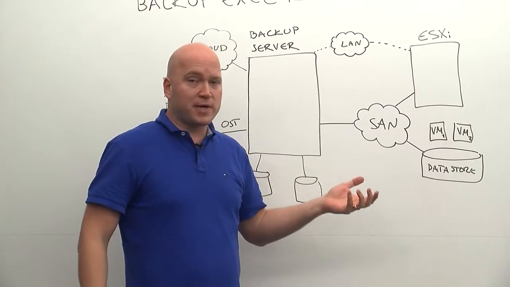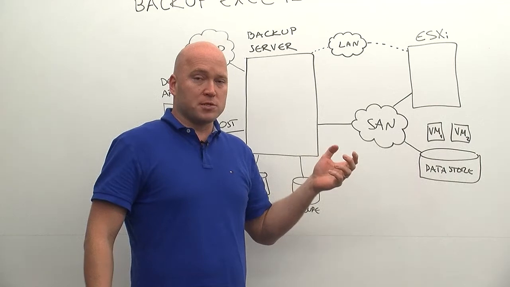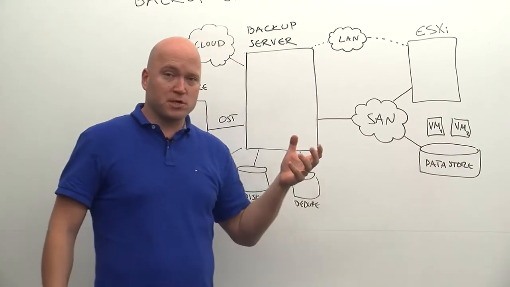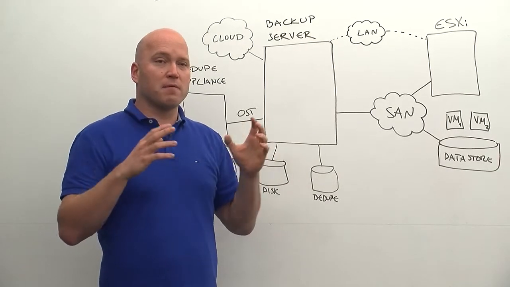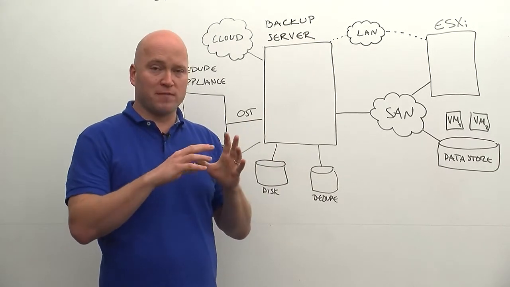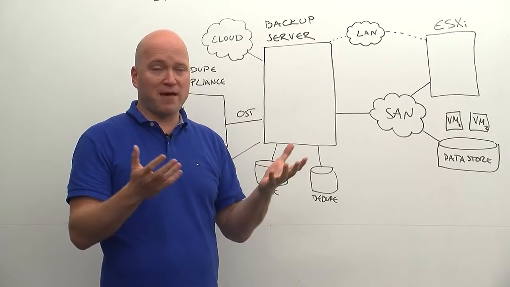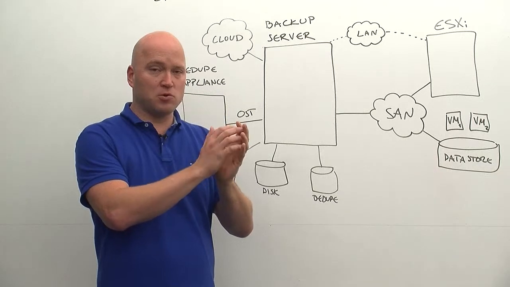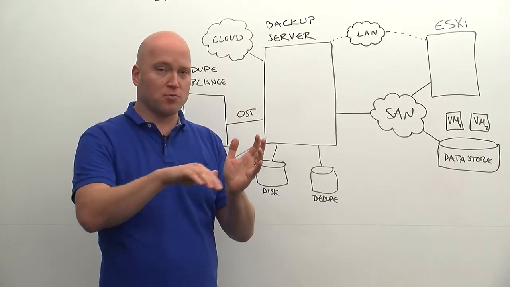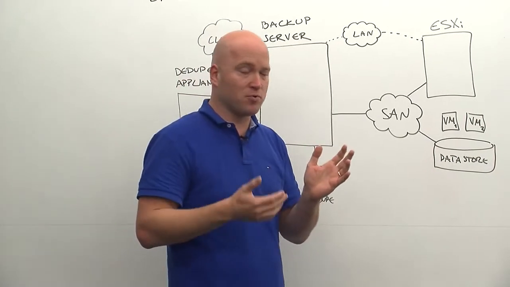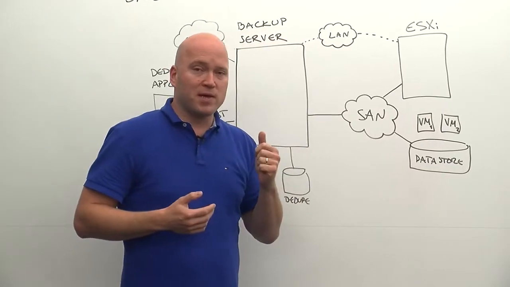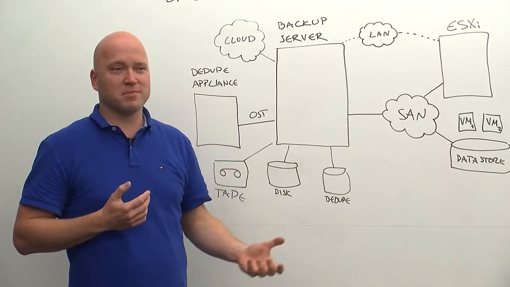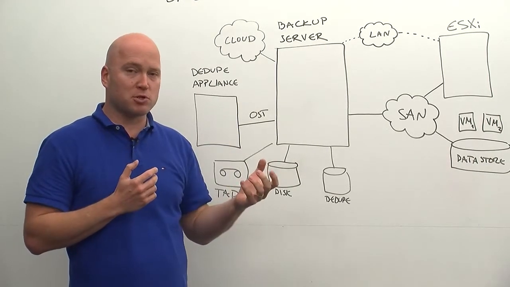In addition to deduplication, we also have technologies to incorporate block optimization as well, which means that we can go past the white space. So if there's a virtual machine that is only half in use, we only have to process that half that's in use. We can pass through that empty space without having to process it. We also have the ability to track incremental backups, or change block tracking, on the VMware side.